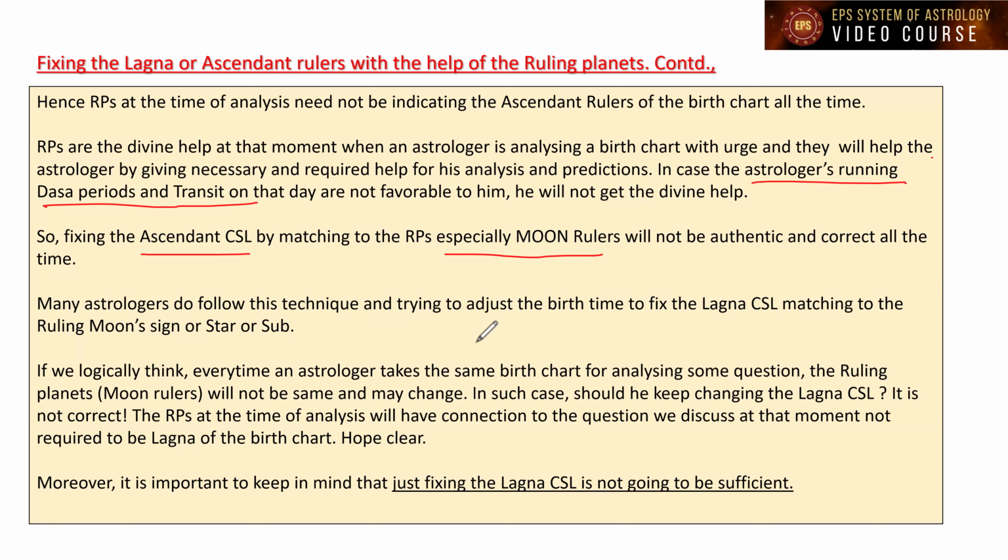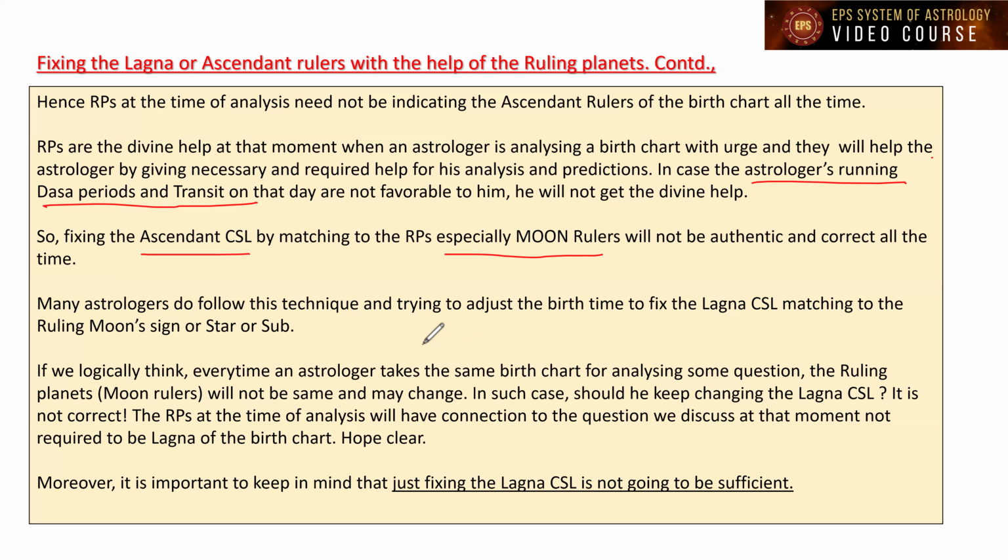Because when they get a chart, it is their duty to verify the birth time. So they take birth time rectification as a first step, that is correct. But they go to the ruling planets as if the ruling planets are going to help, especially moon rulers at the time of analysis.